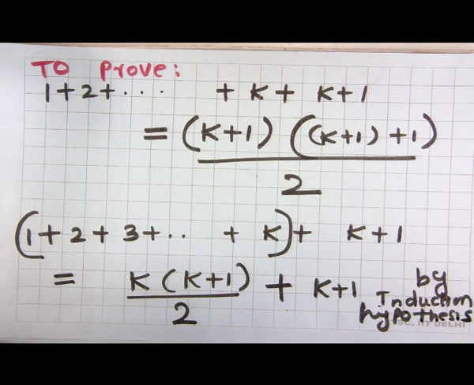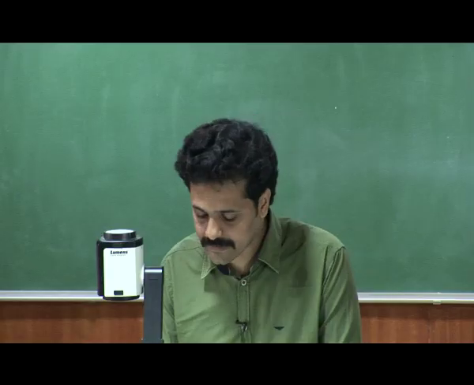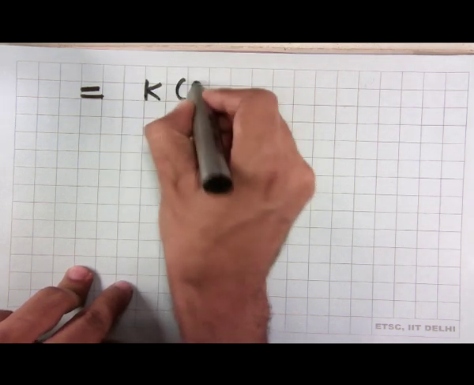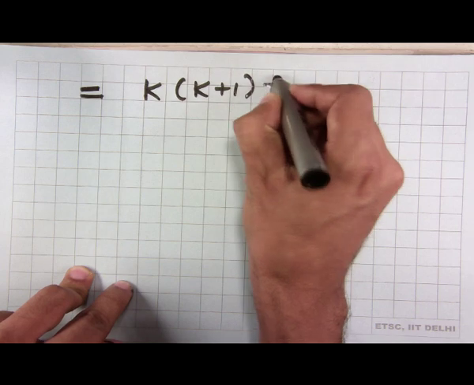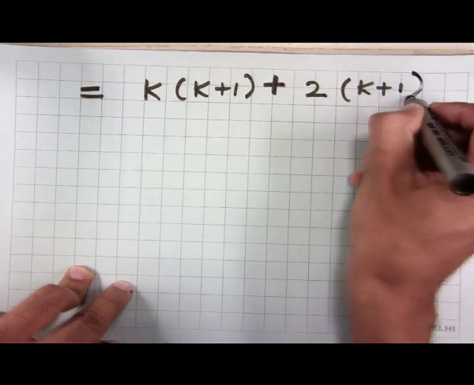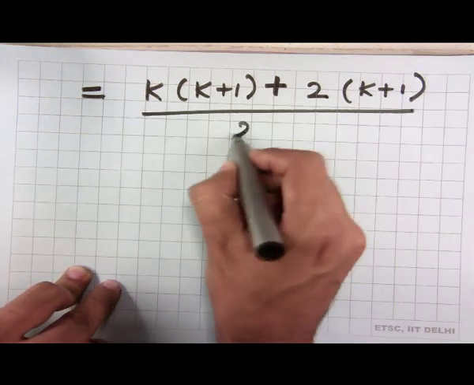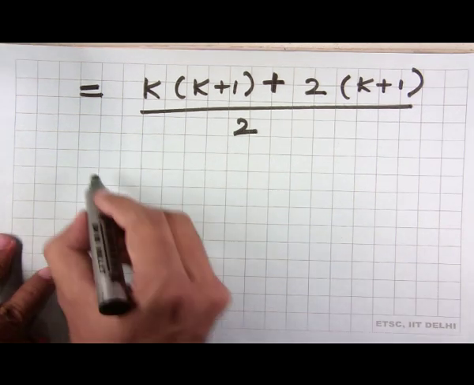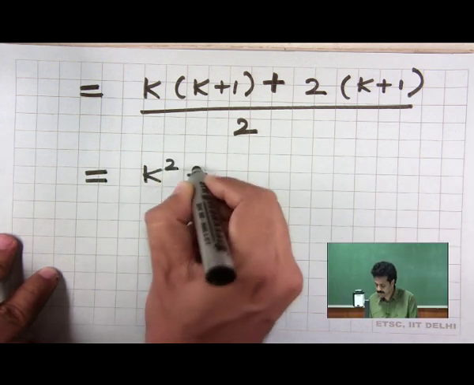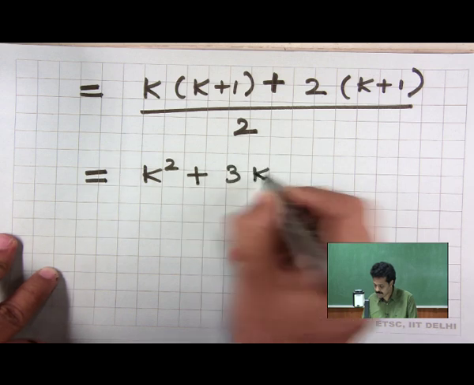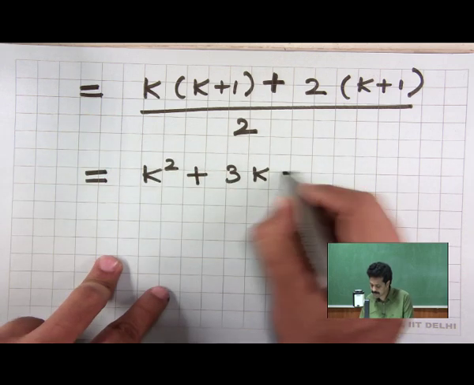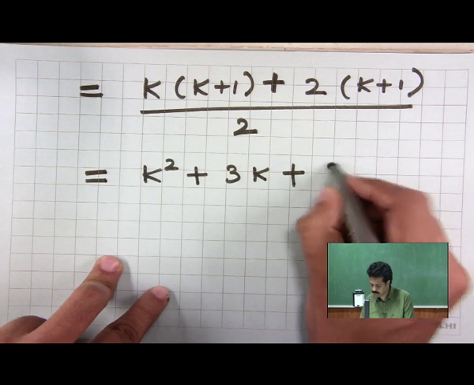Now, let us manipulate the right hand side. Taking 2 as a common factor, it is equal to k into (k plus 1) plus 2 times (k plus 1), all by 2. This will be equal to (k square plus k plus 2k plus 2) by 2, which amounts to (k square plus 3k plus 2) by 2.